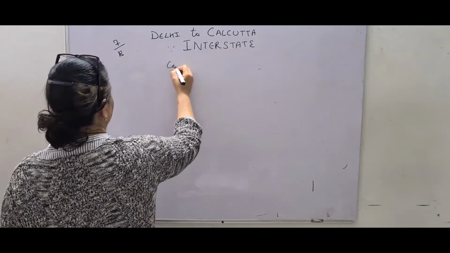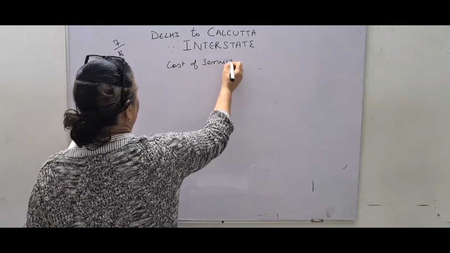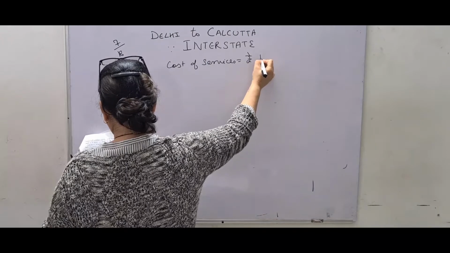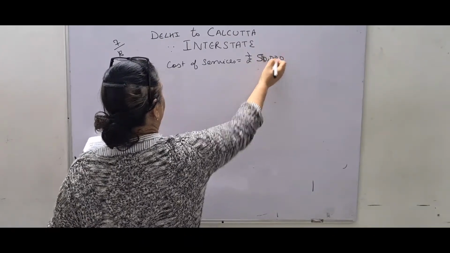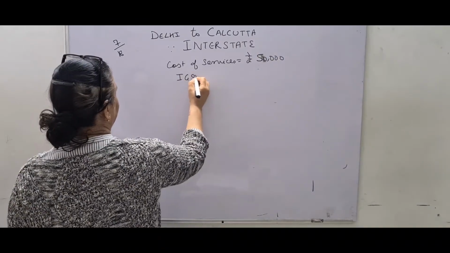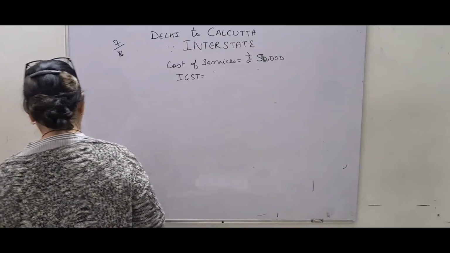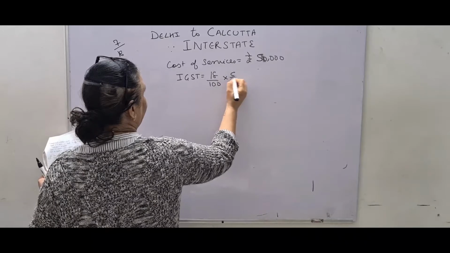Now cost of services is rupees 50,000. And since it is interstate, so IGST can be calculated. It is given that the GST is 18%, so 18% of 50,000.